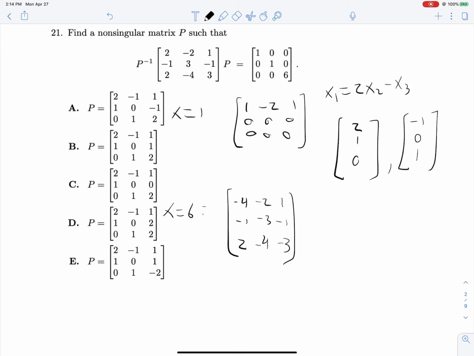Let's subtract 4 row 2's from row 1, so this becomes 2, 1. Let's add 2 of those to row 3, which gives us a 0 and a negative 1 there. And let's add 2 row 2's to row 3. That gives us a 0, a negative 6, and a negative 3.